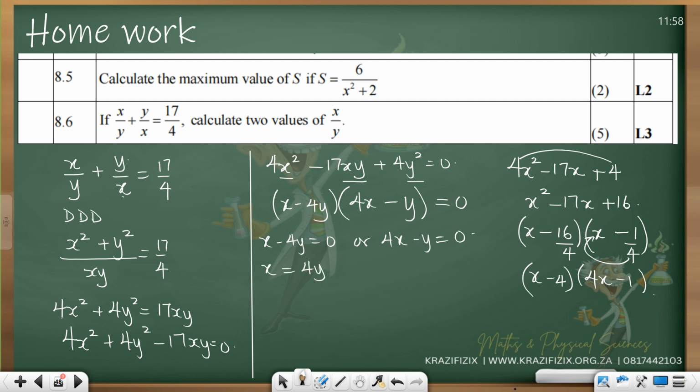X equals 4y. Divide both sides by y. Beautiful. Or 4x. I'm looking for y. So we can say 4 equals y over x. But I'm not looking for y over x. I'm looking for x over y. So I can flip it over.